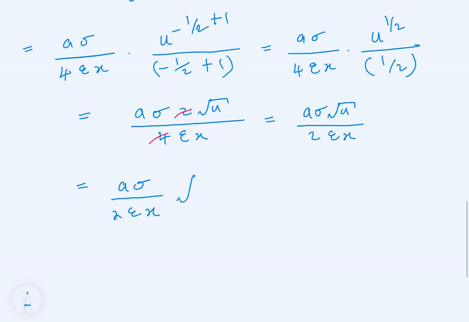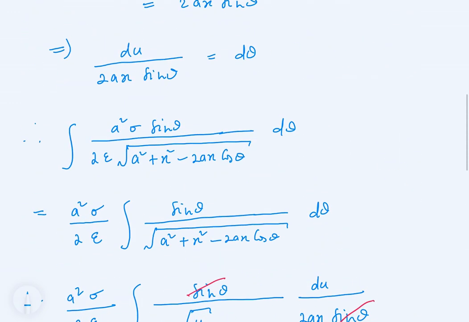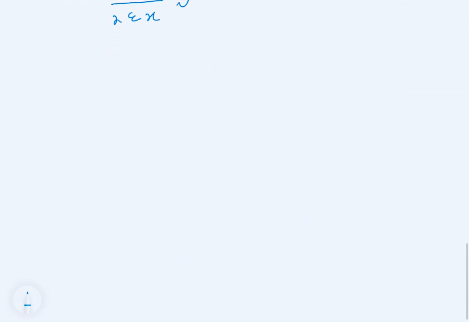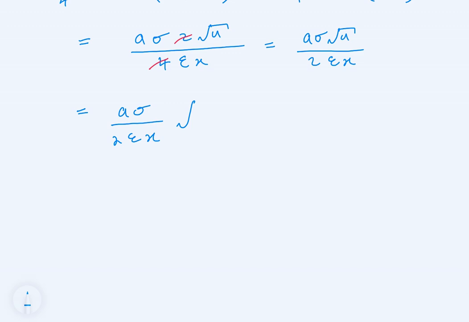Now we replace the u with what we said it is in the substitution. We said that u is equal to this, a squared plus x squared minus 2x cos theta. So now we go back to the answer and we replace u with that.